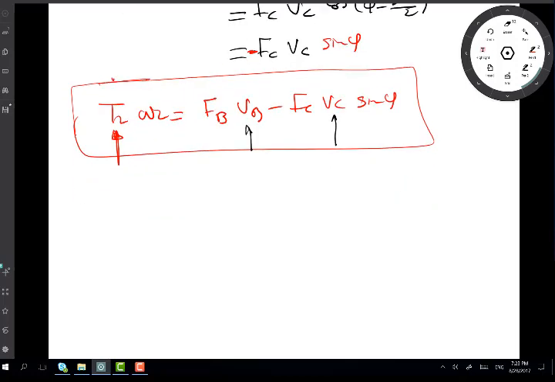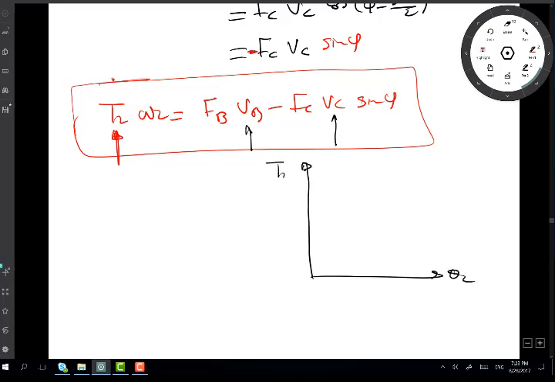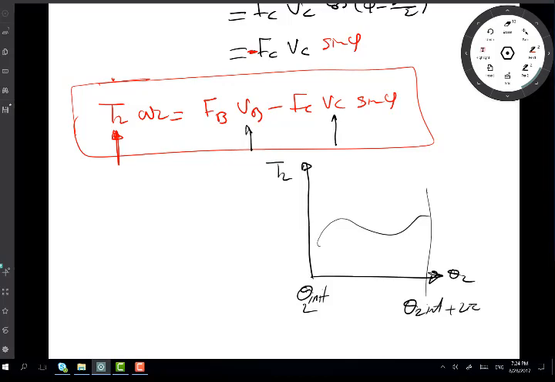Normally what you need to do after that is to plot the torque required at the crank, T2, against the crank angle, from initial θ2 to θ2 initial plus 2π, for one whole rotation of the crank.